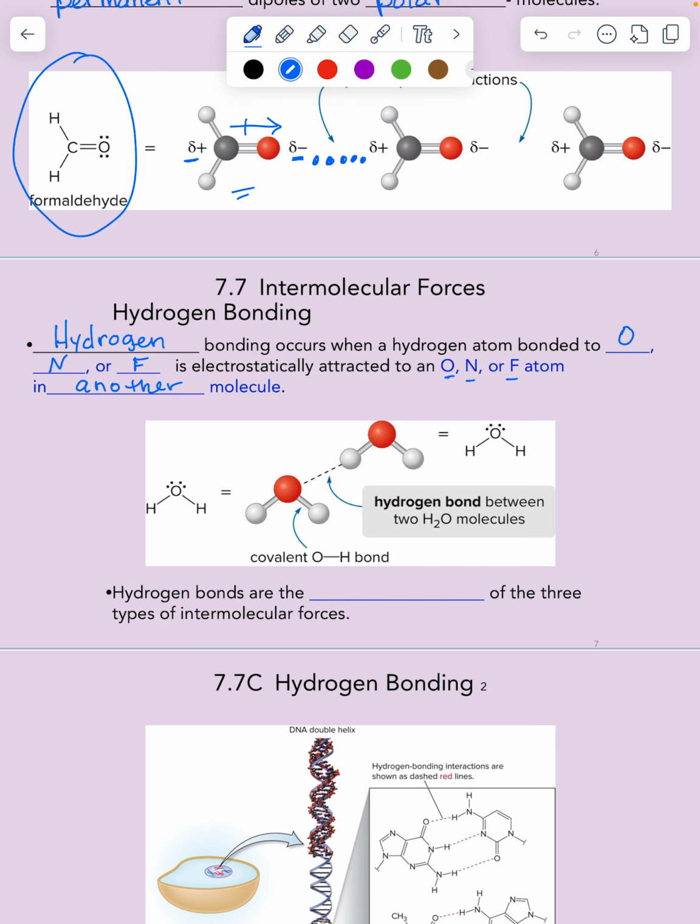Water is a polar molecule, and the hydrogen in water is bonded to oxygen, and that was one of our criteria. We had to be bonded to either oxygen, nitrogen, or fluorine, and this hydrogen is bonded to oxygen. So in one water molecule, the hydrogen of one atom could be attracted to the oxygen of another.